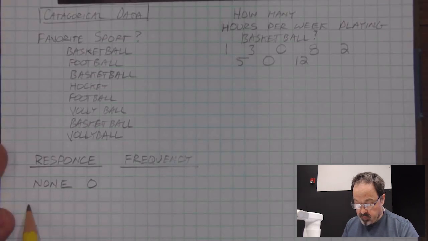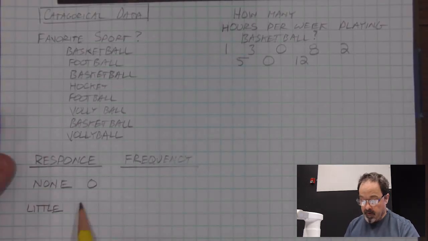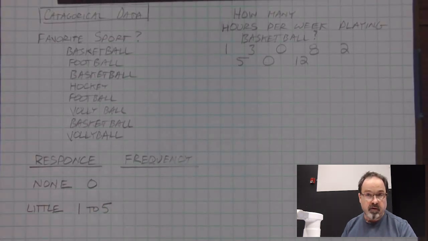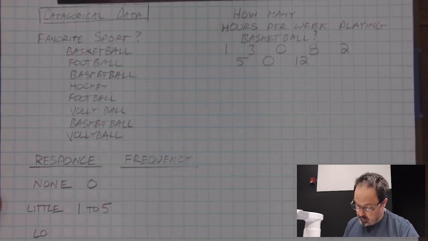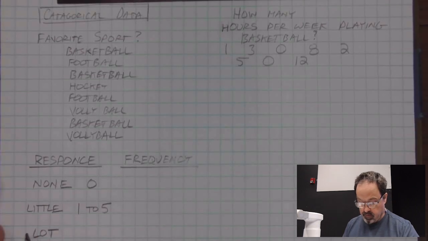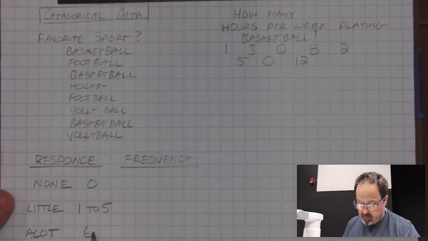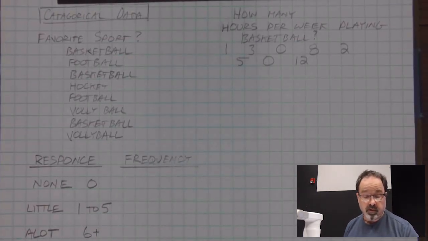I'm going to make another category, and I'm going to call it a little bit of basketball per week. And those responses will be for everyone that said 1 to 5 hours a week playing basketball. The last category, I'm going to choose to be a lot. And that would be every response of 6 or more hours of basketball being played a week.